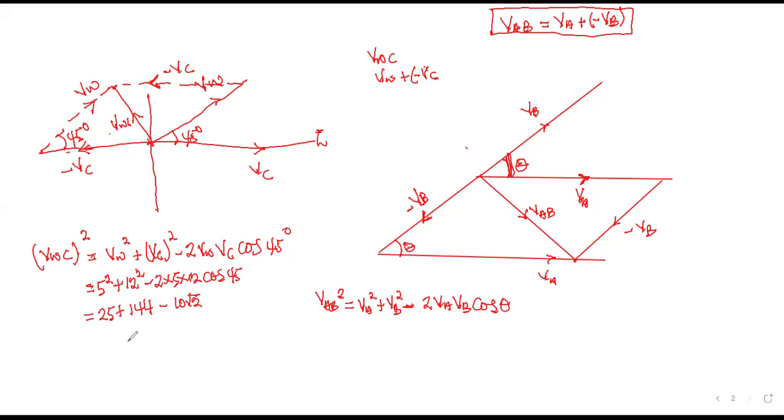Of course, cos 45 is root 2 on 2. So this is 169 minus 14.14. And you must get that. So look at it again.